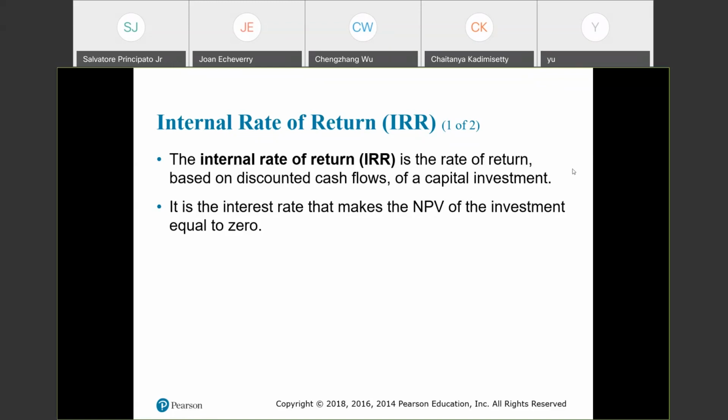Briefly, net present value is a comparison between the present value of this investment and the initial investment. If the present value of the investment is greater than the initial investment, we would think this company can invest, otherwise it cannot.